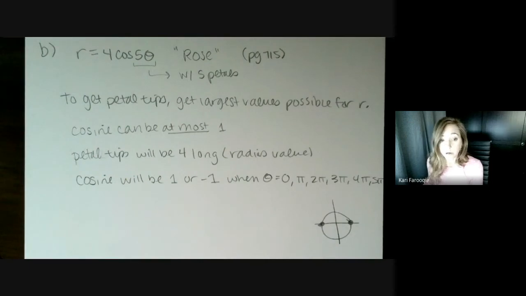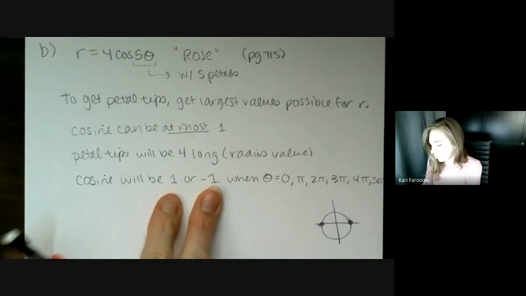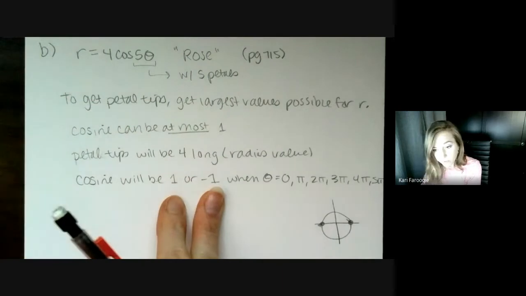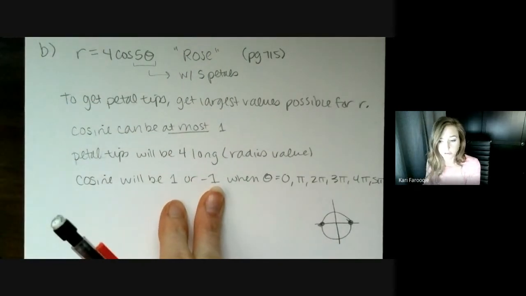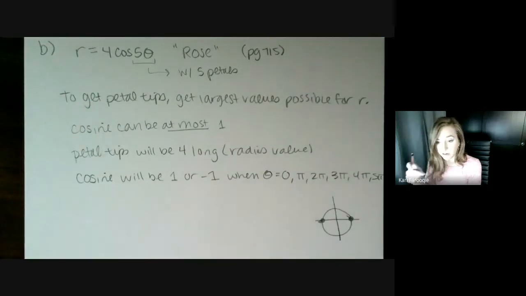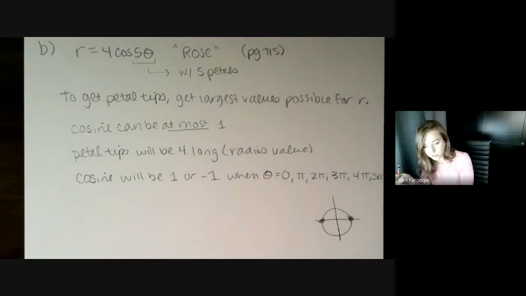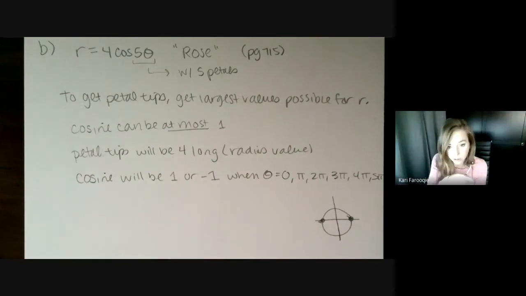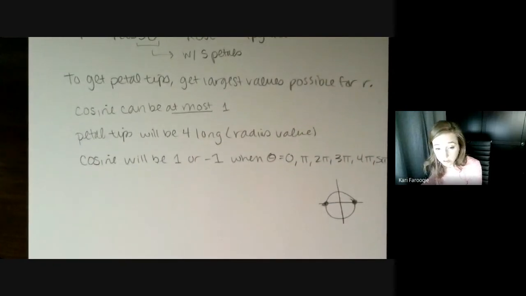So we don't really care if it's 1 or negative 1. I know we said we were looking for the largest possible value for R, but we really are thinking about this in terms of absolute values, because, I mean, whether R is positive or negative, it's going to look the same on the graph. It's just, it might be going into the graph instead of out onto that radial line.